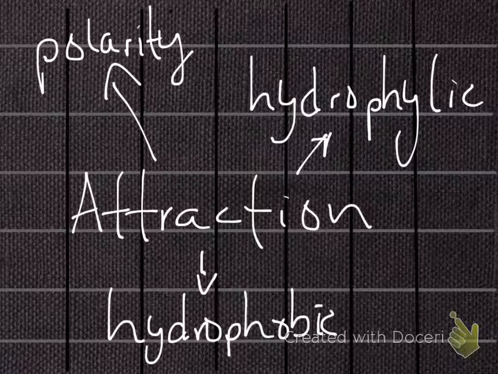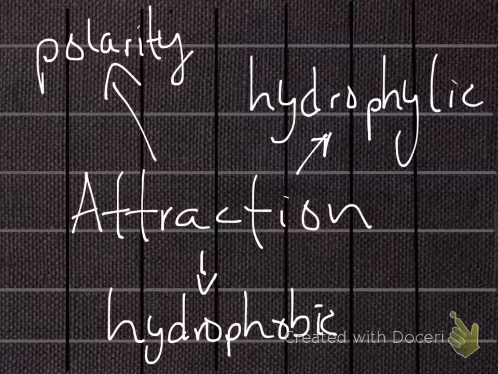So if I look at a molecule like H2O, I can tell you its polarity. And if I look at a chloride anion, I should be able to tell you if that's hydrophobic or hydrophilic. So our goal by the end of tomorrow is that you'll actually look at a molecule and be able to say, oh, that's hydrophobic or that's hydrophilic. And because it's hydrophobic, this is where it goes in the cell. Or because it's hydrophilic, this is where it goes in the cell.